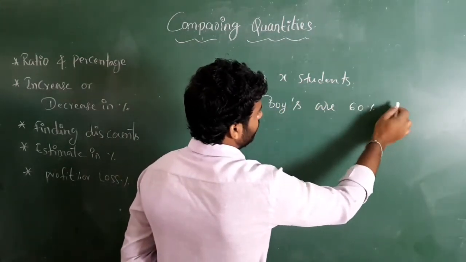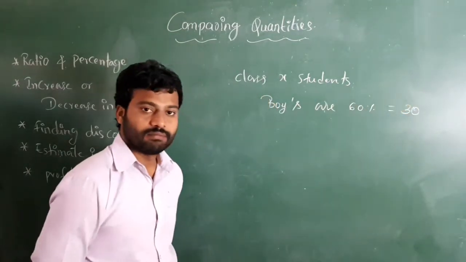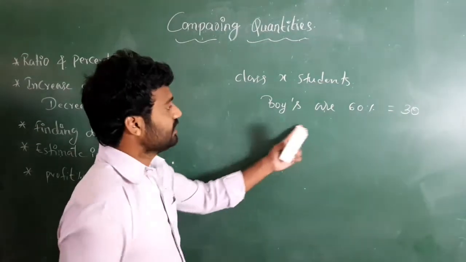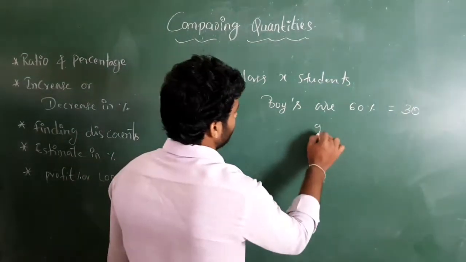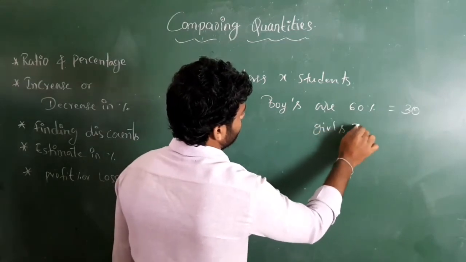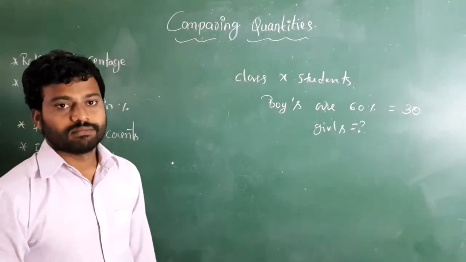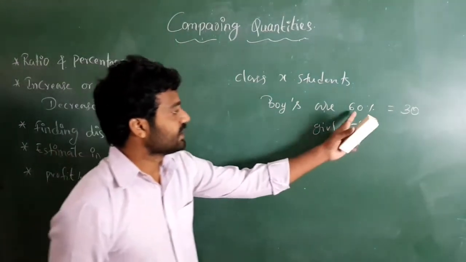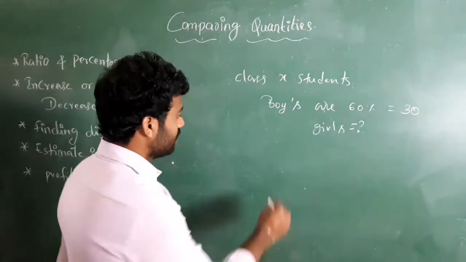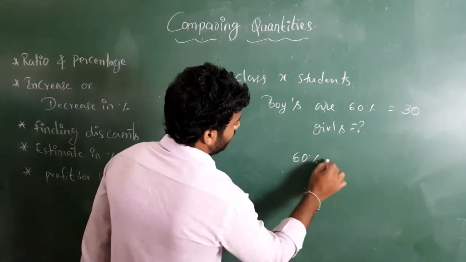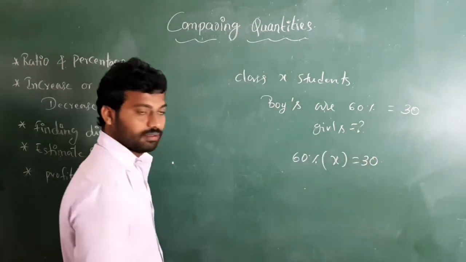Suppose you assume the 60% may be 30 students. Boys are 60%, means 30 students. Then how many girls? See, 60% of the total strength is equal to 30. So 60% of x is equal to 30.